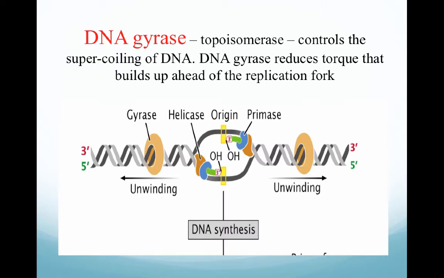All right, and then DNA gyrase, everybody pronounces it differently, is actually a topoisomerase, and this is an enzyme that, much like helicase, and we know that they're enzymes because there's an ASE at the end of their name, controls the supercoiling of DNA.